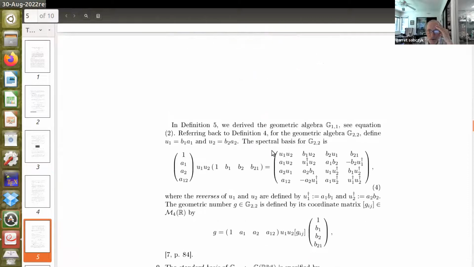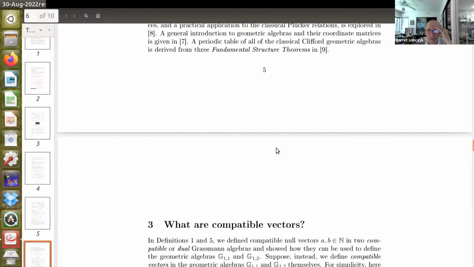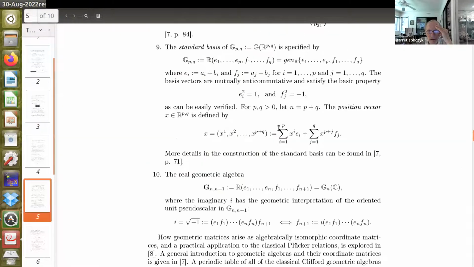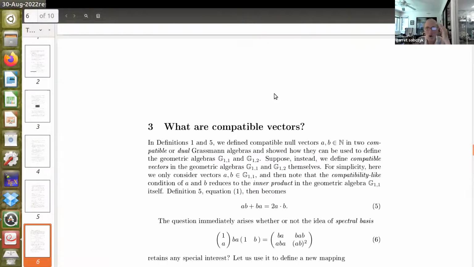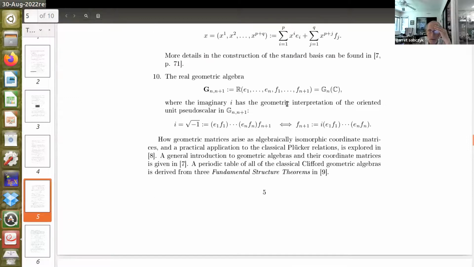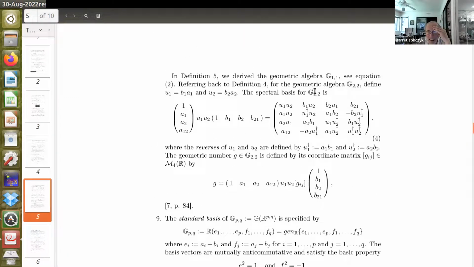So you can see what I'm doing. Okay, let's see. Wait a minute, where is it now? Okay, this is the corresponding basis for the Clifford algebra G22.